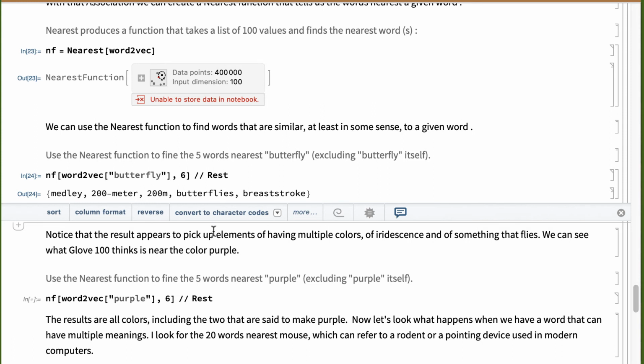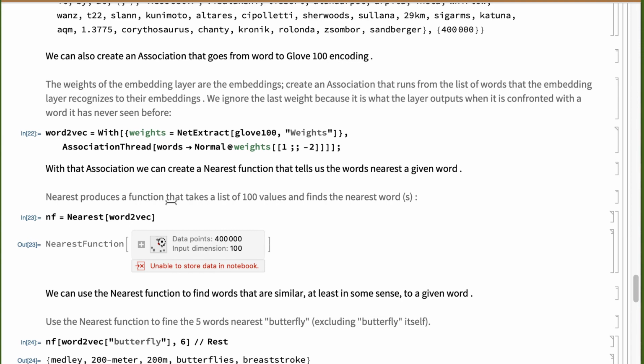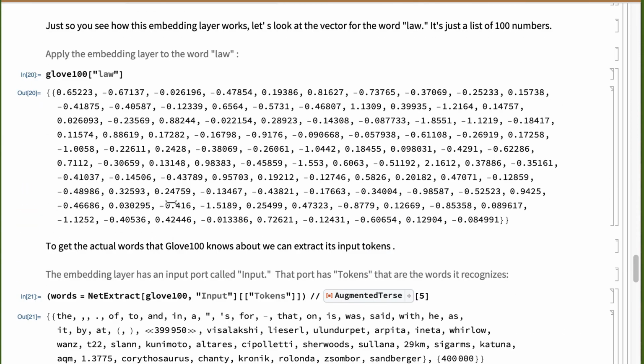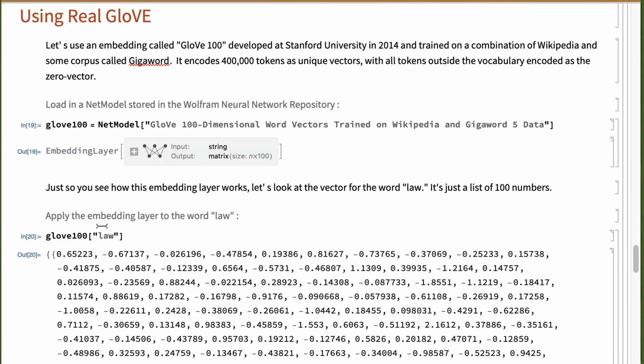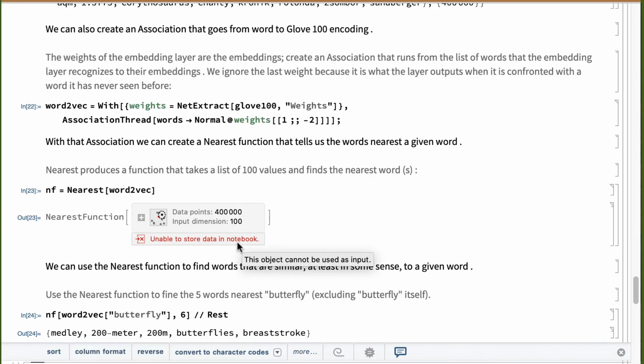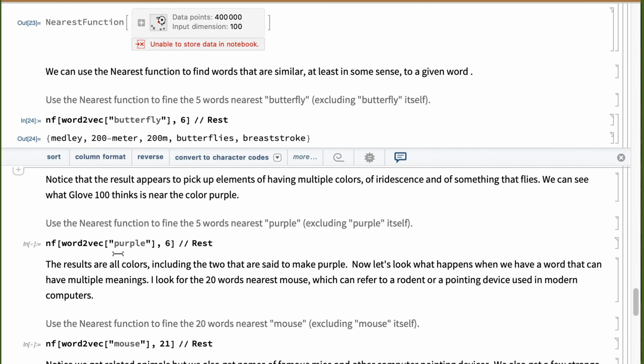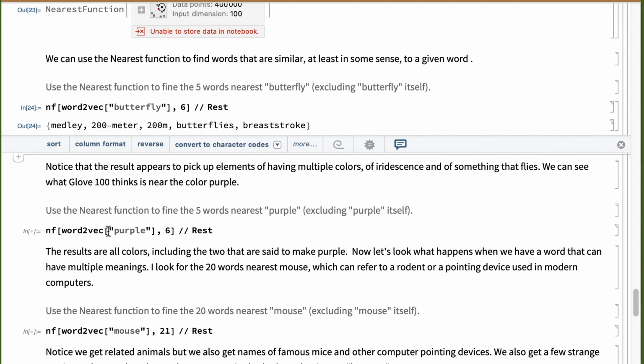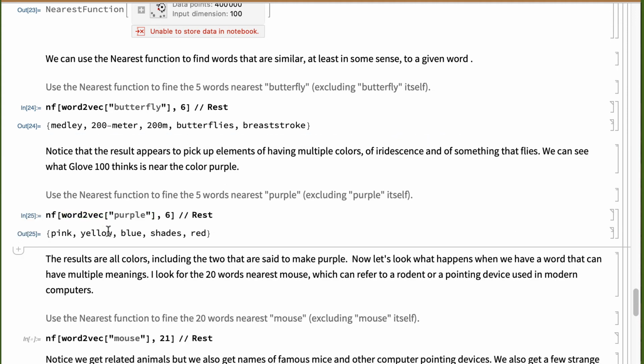So I guess it got a lot more information on swimming than it did on lepidopteral thingies that fly. And that's interesting because when I trained this before, I was using the tweet training corpus, and when it was the tweets training corpus, I promise you it was much more about butterflies that fly. All right, let's see what happens when we look at what it thinks purple means.